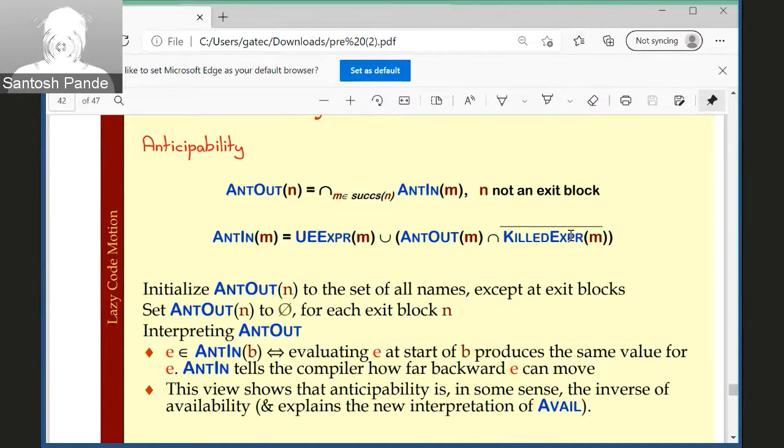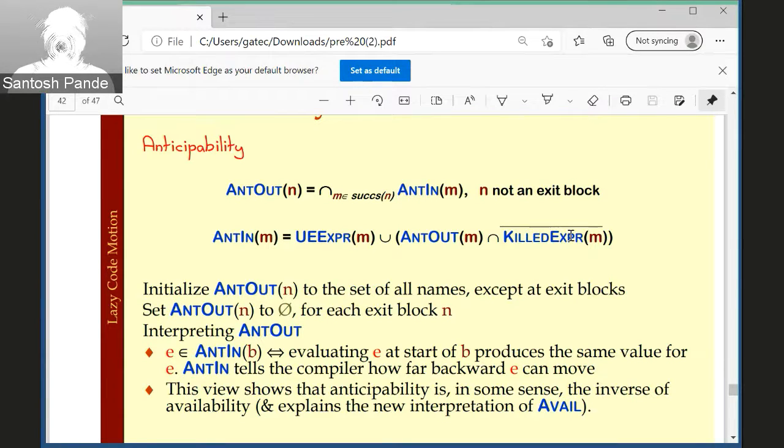That's how we take care of non-availability because of operand value changes. We place it on the edge right outside of that basic block and regenerate the value of the expression there, and that will become available again because it is now with regard to the new values which had changed.